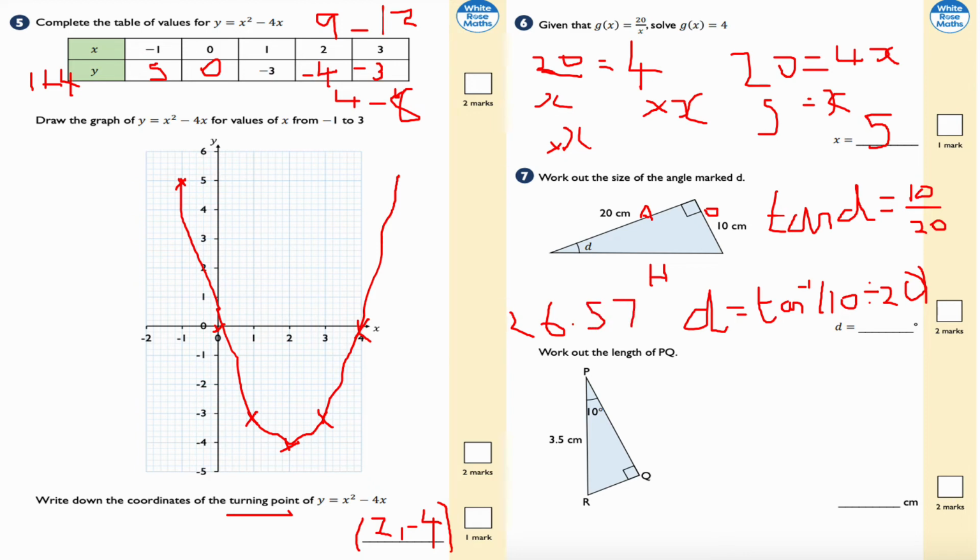Sorry, guys, I was just working out the answer. So 26.57 degrees to 2 decimal places.